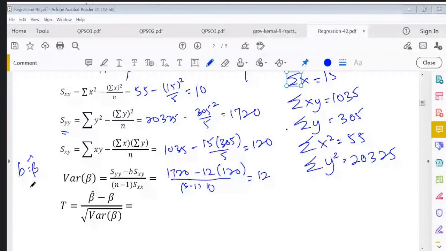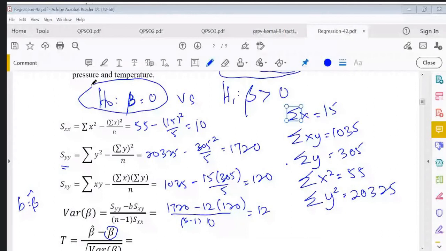And this one gets the variance of B, the variance of beta. We can get it is 12 divided by the standard error.